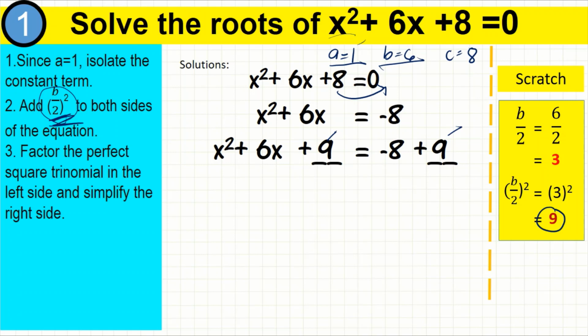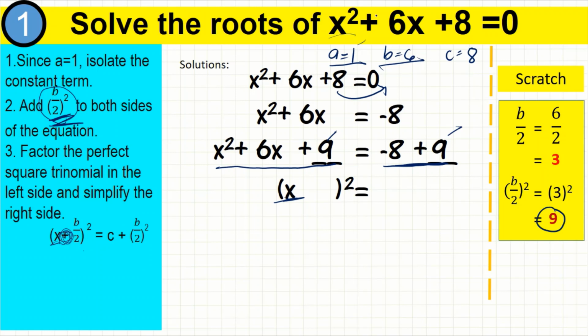Step number 3, factor the perfect square trinomial in the left side. So, i-factor natin ito since ito ay perfect square trinomial and i-simplify natin yung nasa right side. So, when we factor this, we have x plus b over 2 squared. So, we will have x, ito yon, and ito yon, and then plus, depende dun sa sign ng middle term.